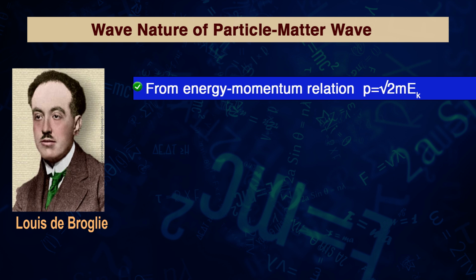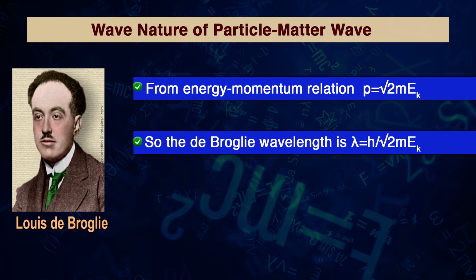Here p is the momentum, and one can generalize this momentum p from the energy momentum relation of Newtonian physics, that p is equal to root of 2 m E k, and by putting this value, the generalized equation is lambda equal to h upon root 2 m E k, where E k is the kinetic energy.